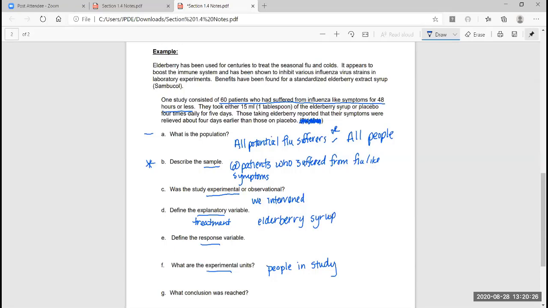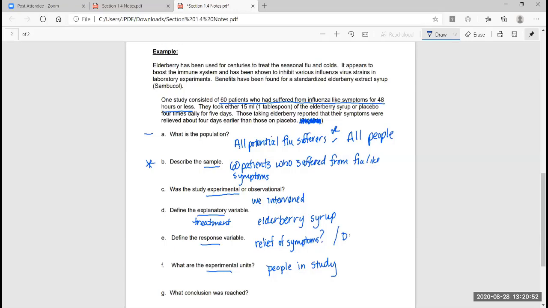The response variable would be, okay, did they get better or not? You gave them this elderberry syrup. Did it make a difference? So here I would say whether their symptoms were relieved. So I'll say here relief of symptoms, but you can phrase that in lots of different ways. Like we're checking for that.